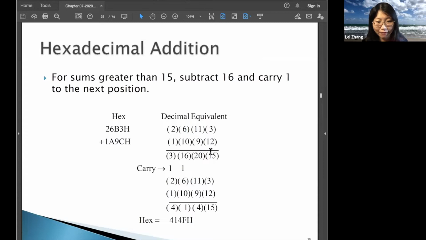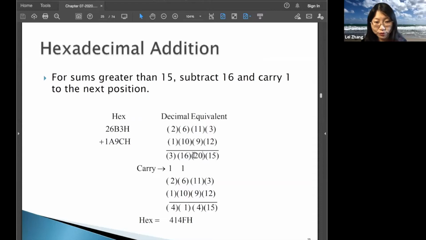We can have a quick look: there are two values here, 20 and 16, both greater than 15. That tells us there will be a carry bit.